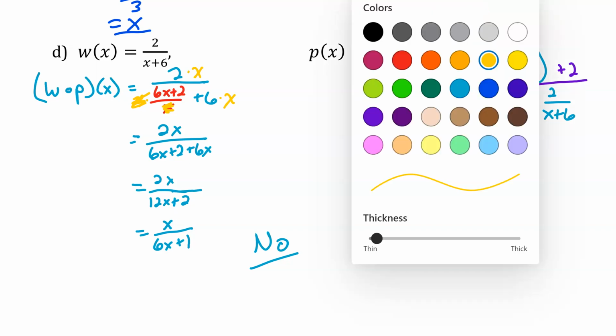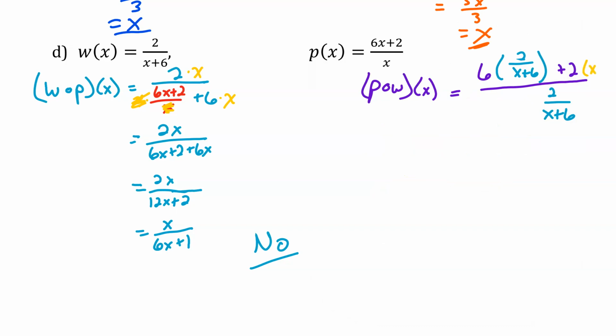I'm going to multiply each of my terms by an x plus 6. So I'll multiply by an x plus 6, by an x plus 6. That way this will divide out and this will divide out.